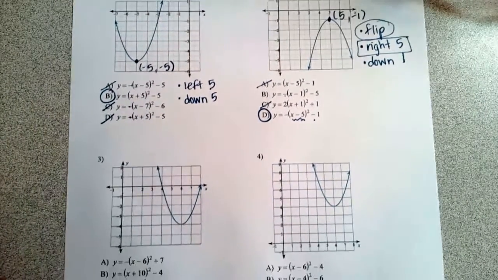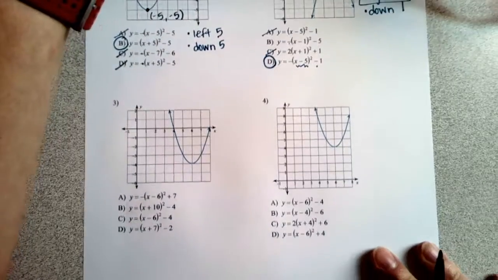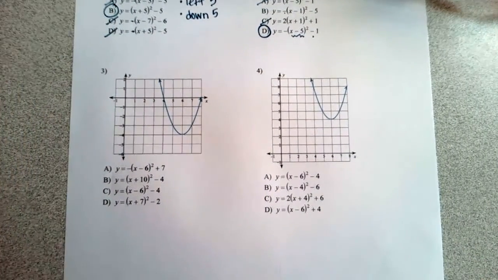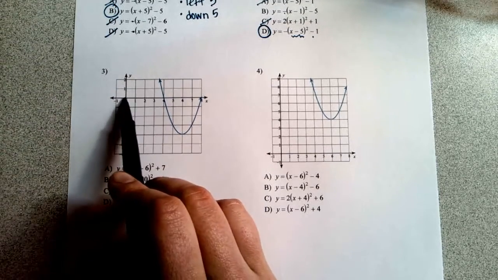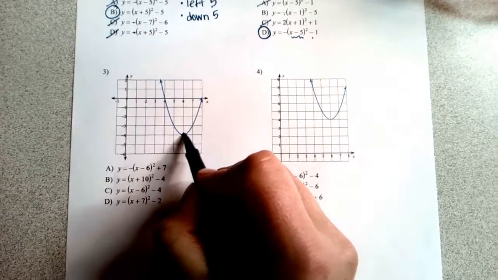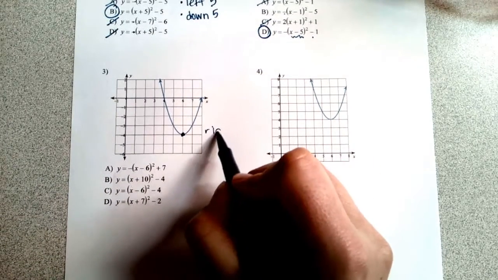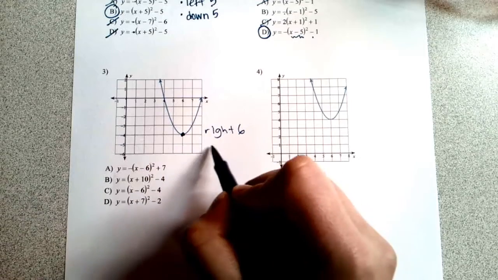If you want to try a couple on your own, you should pause the video right now and see if you can get the right answer for numbers 3 and 4. Otherwise, I'll just be going through them right now. So number 3, we have our new vertex moved right 6, and it moved down 4.